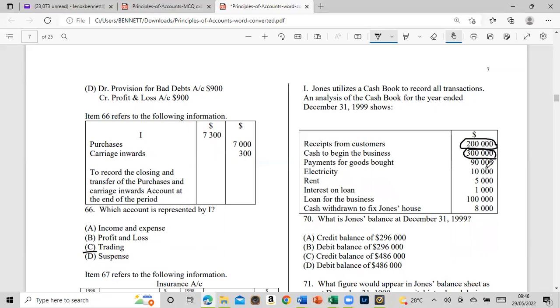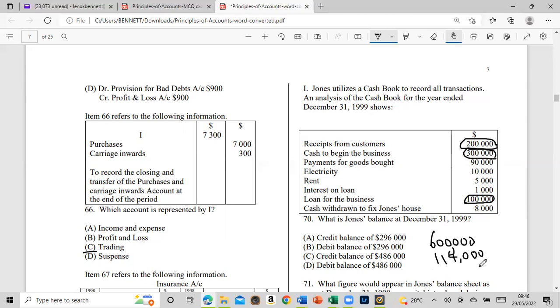These are expenses. Loan for the business, 100. So what I'm going to do is add these and subtract. So 200 and 300, 500. Then the loan, so that's 600,000. Let's see now, 90 and 10, that's 100,000. 106,000. 114,000.